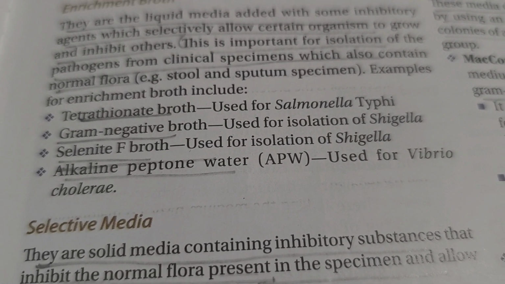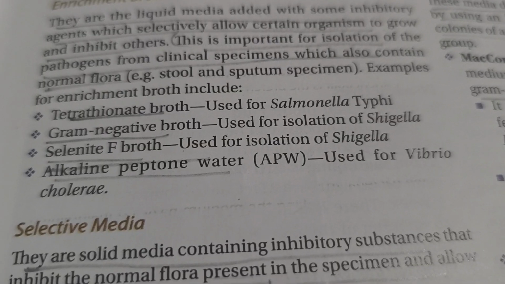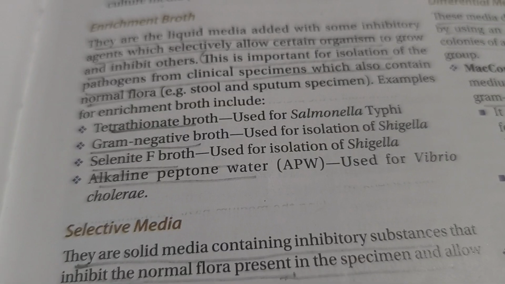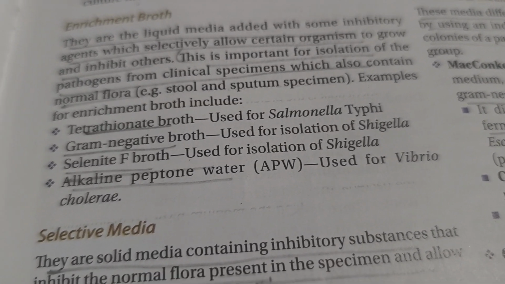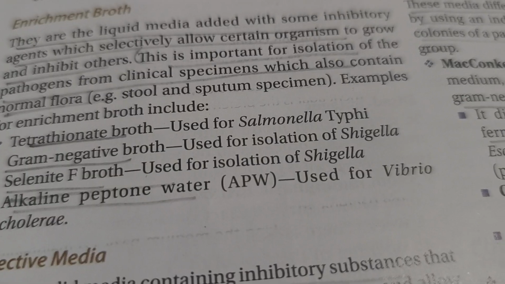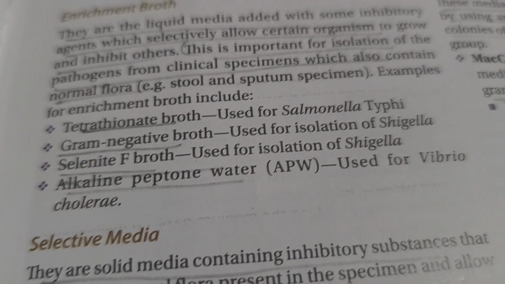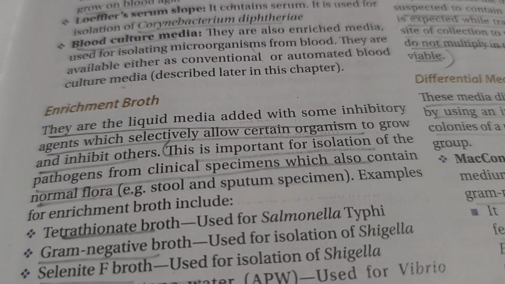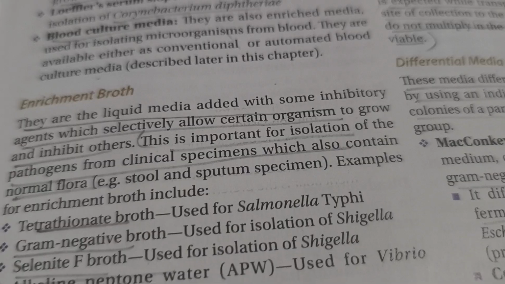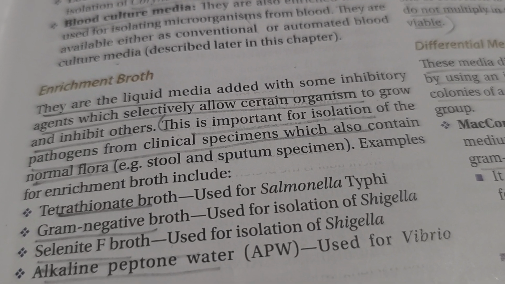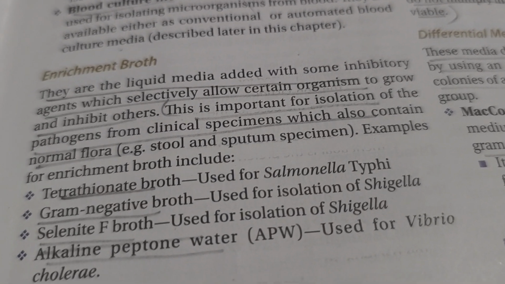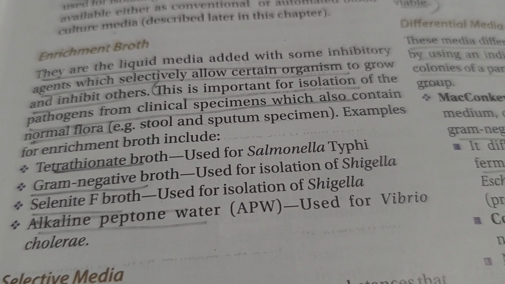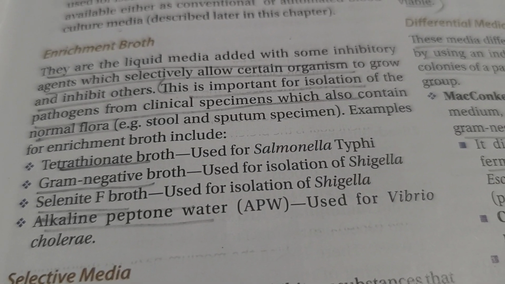Examples of enrichment broth include tetrathionate broth used for Salmonella typhi, gram-negative broth for isolation of Shigella, selenite F broth for isolation of Shigella, alkaline peptone water used for Vibrio cholerae. So enrichment broth is a liquid media with some inhibitory agent for selective growth of organism and inhibition of others.